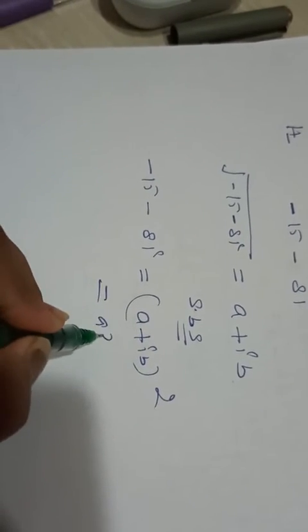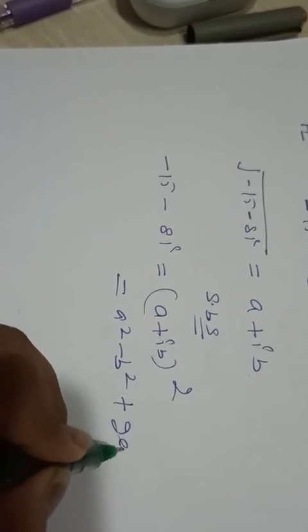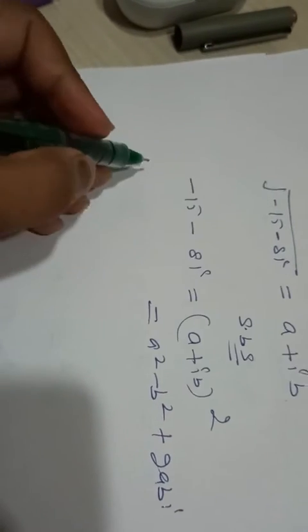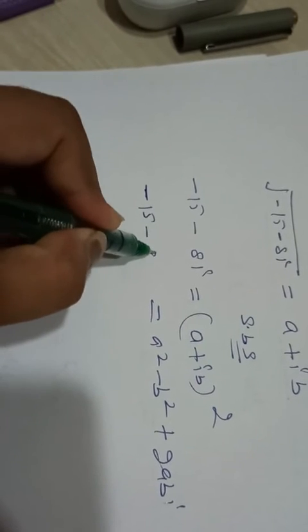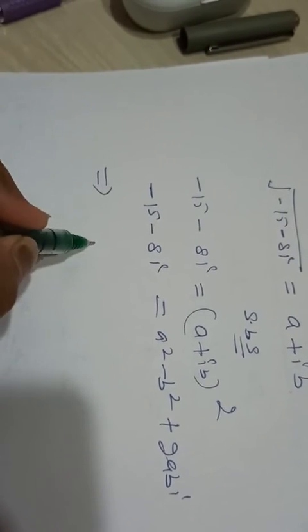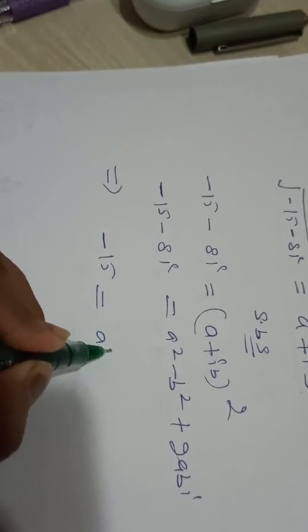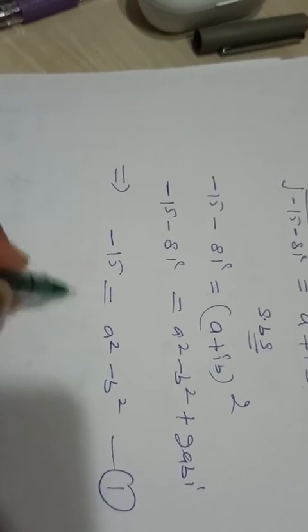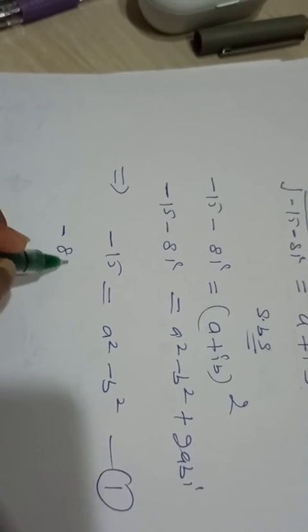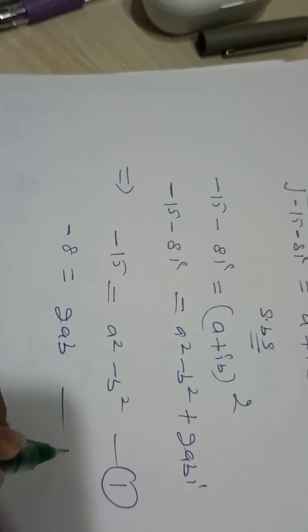This value comes out a square minus b square plus 2ab iota. So minus 15 minus 8 iota gives you minus 15 is equal to a square minus b square, your first equation, and minus 8 is equal to 2ab, second equation.